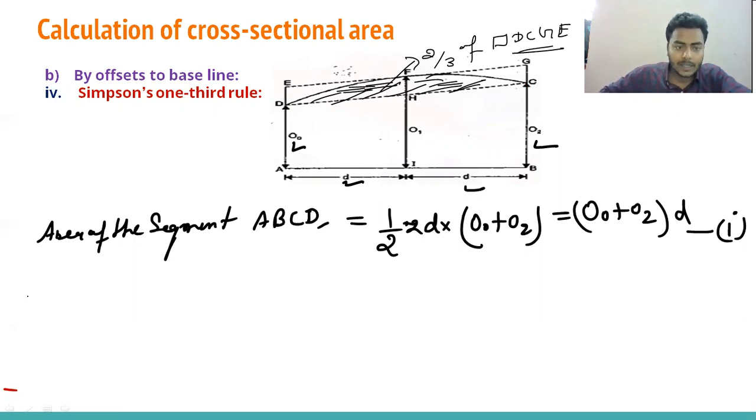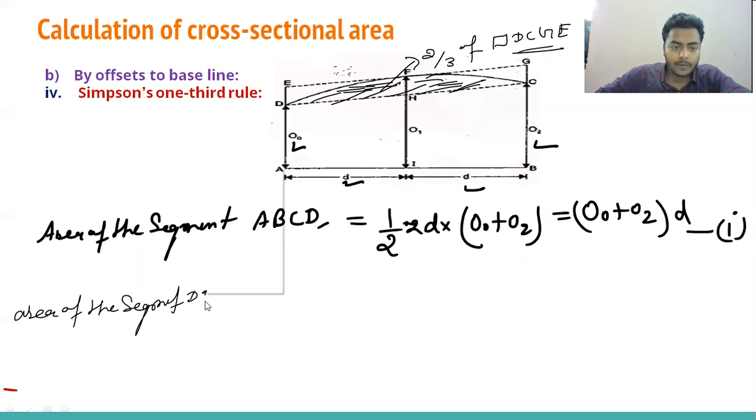So we can calculate the area of segment DFC. So that would be equal to two-third of this parallelogram.